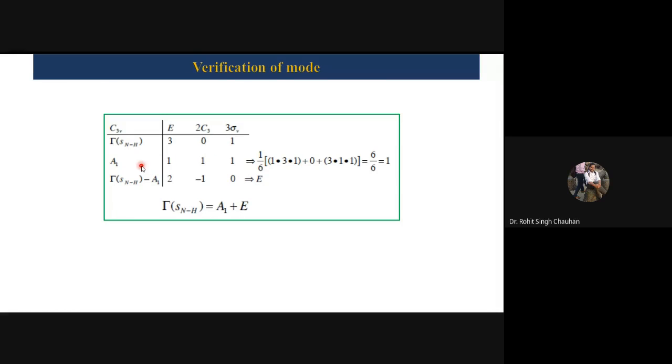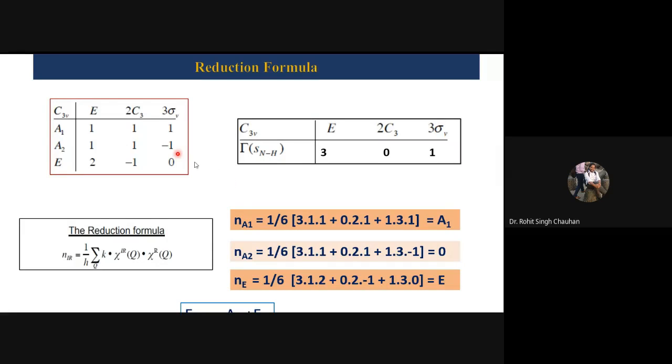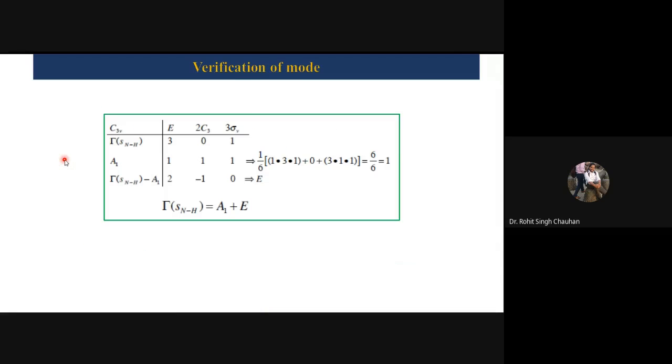In case of A1, we have written it as it is, taking it from the character table. Now if you reduce these two, 3 minus 1 is 2, 0 minus 1 is minus 1, 1 minus 1 is 0. So that is 2 minus 1 0. Now if you compare with the character table, this 2 minus 1 0 corresponds to the irreducible representation E, right? So it means that this reduction is right. Did you get that or not? Clear now? So let us move.